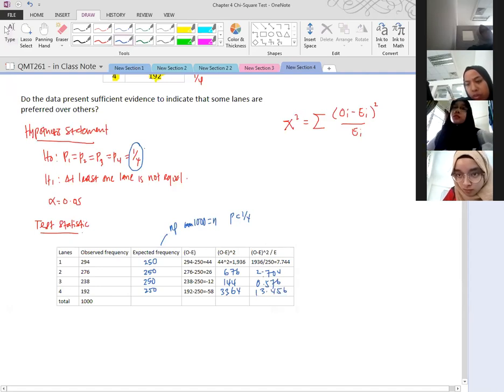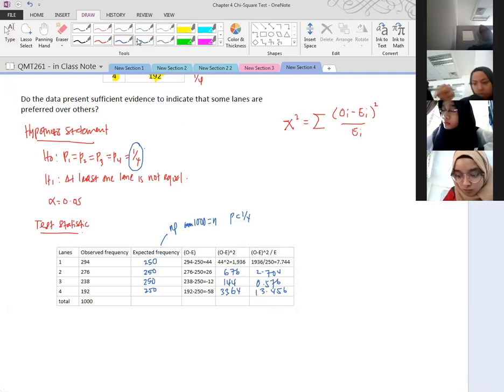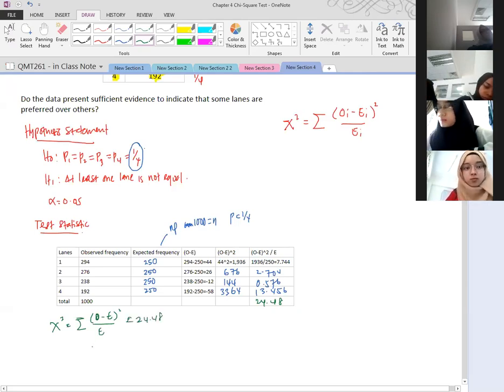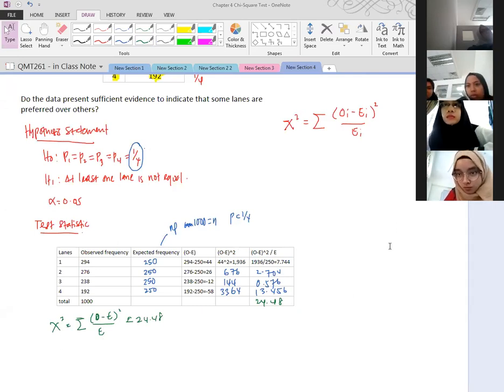The total for this column is 24.48. So we know that chi-squared is equal to the summation of observed minus expected squared divided by expected, which is equal to 24.48. This is the chi-squared calculated. Are you okay?